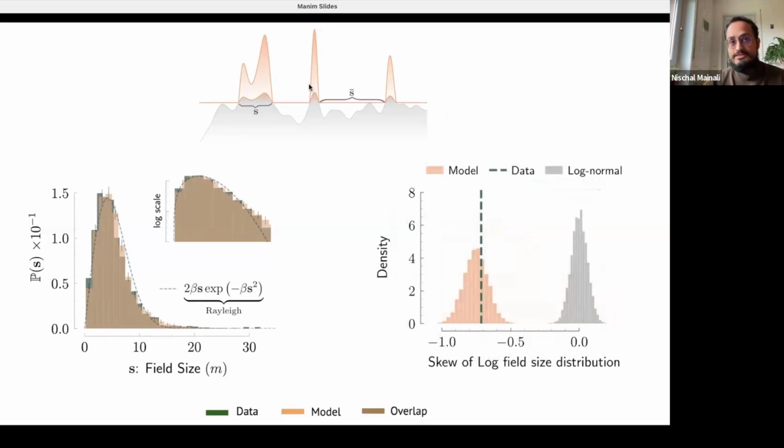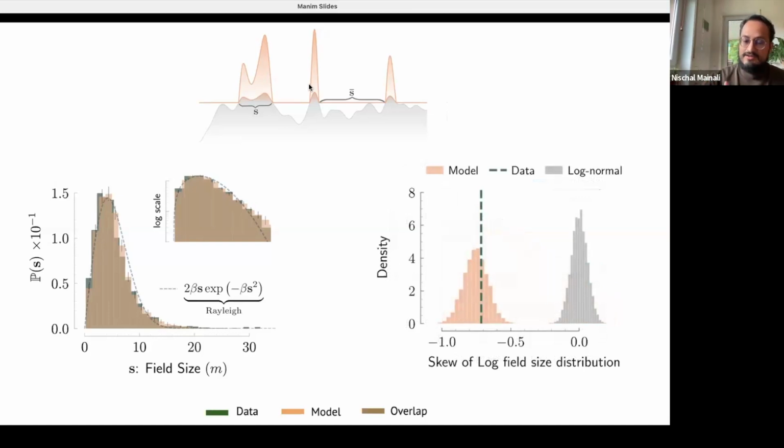And a normal distribution has the property that its higher moments are 0. For example, skew. So what we do is we take the log of field sizes in the data and calculate its skew. At the same time, we also do it for histograms generated by multiple simulations. So we simulate until we generate the number of fields matching the data.